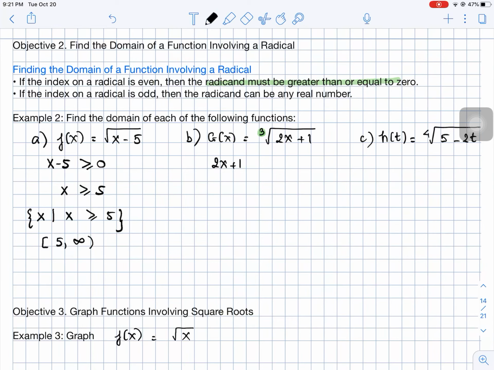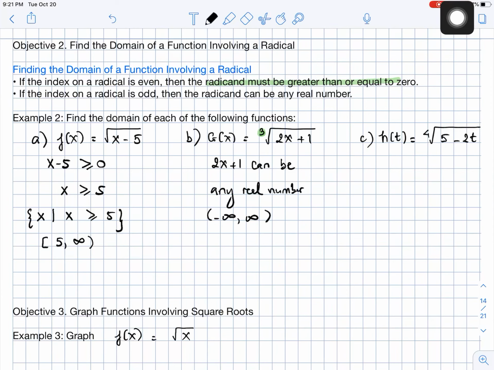In problem B, you can see that the index is 3, then the radicand can be any real number. So the radicand 2x plus 1 can be any real number.